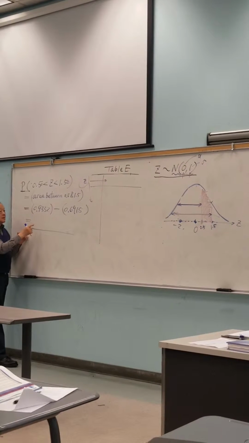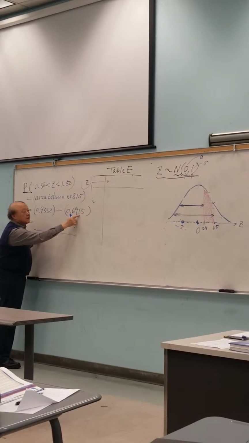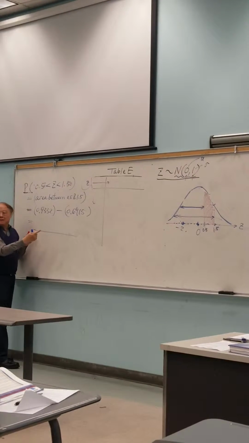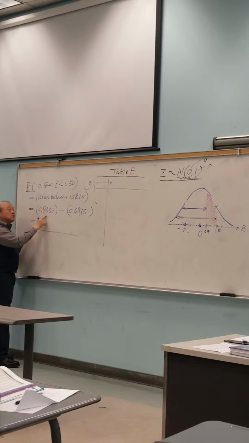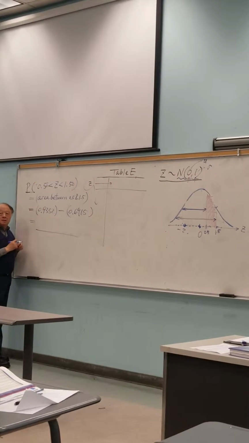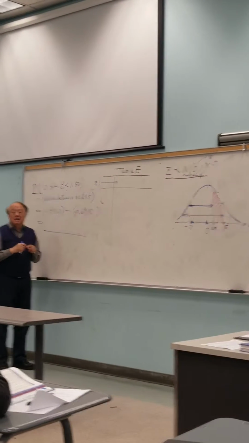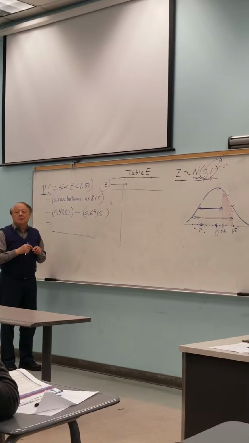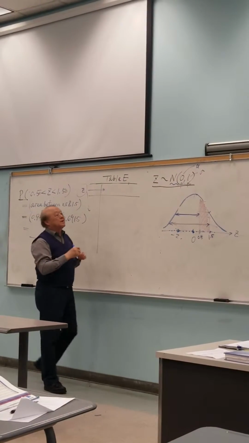So how come the other one is different? Why did he flip it, the larger one minus the smaller one? Why the larger one? Because 0.5 is there. What do you do?